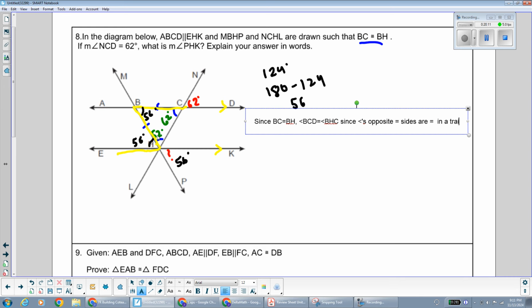And that is the base angle theorem, or the isosceles triangle theorem.